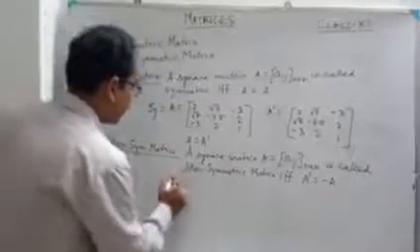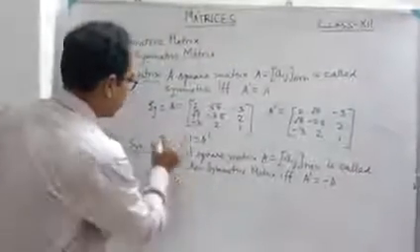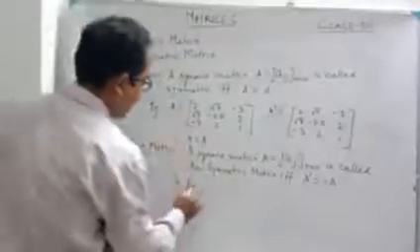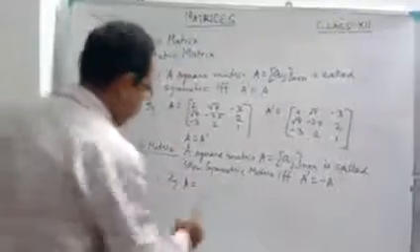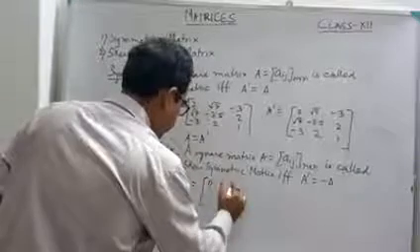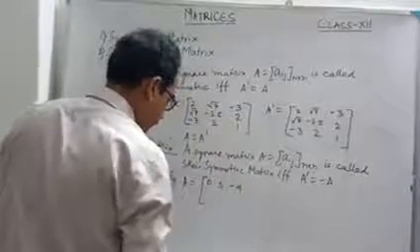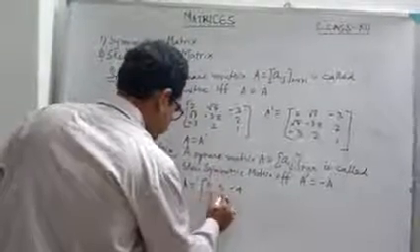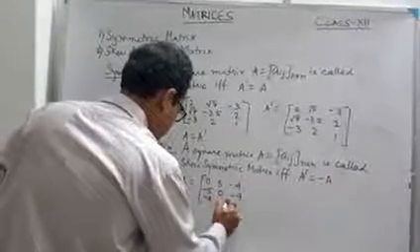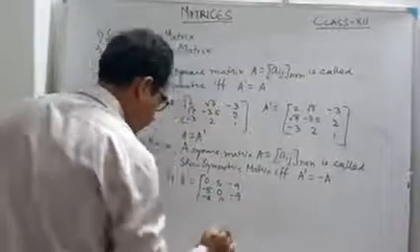Okay, for example, let us take A equal to 0, 5, minus 4; minus 5, 0, minus 9; minus 4, 9, 0.